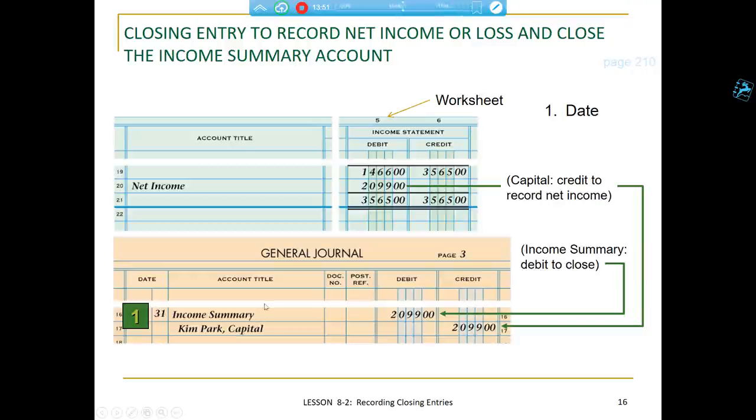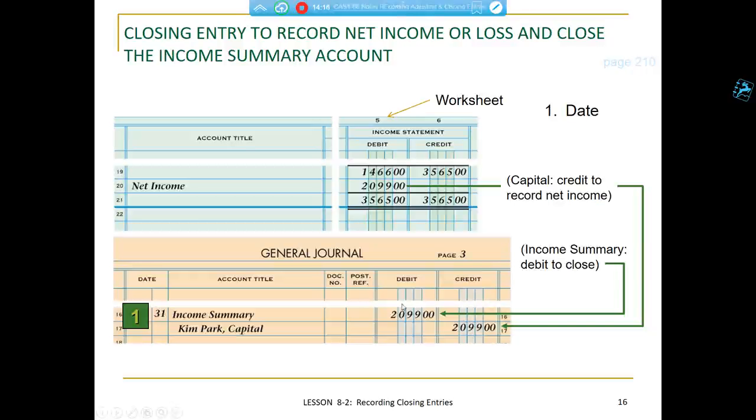So I'm going to take that amount, and I'm going to close out now my income summary, and I'm rolling, in this case, my net profit into my capital account. So I'm going to close out my income summary. See, I've got a credit balance in my income summary because my credits of $3,565 are greater than my debits of $1,466.